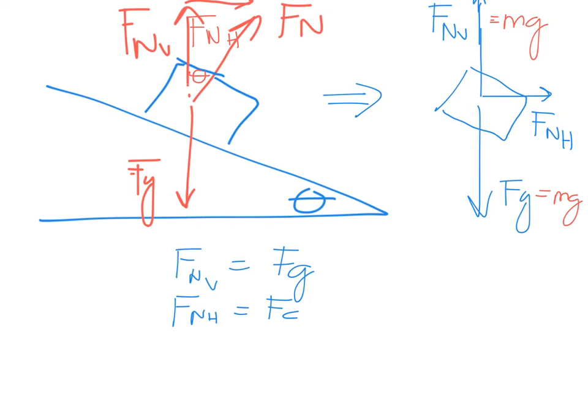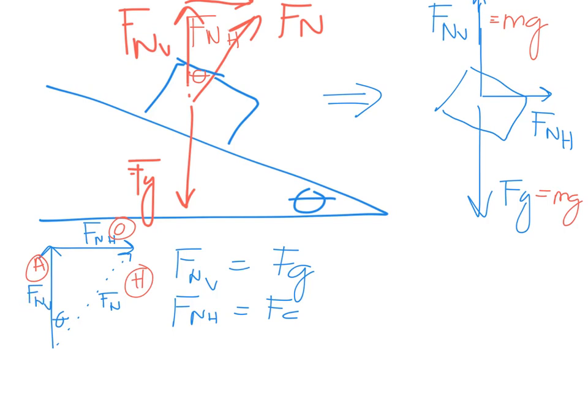So when we actually take a look at the triangle that makes up our FNV and our FNH, there's theta. I'm going to mark this as HOA. We know that FNV is actually mg.